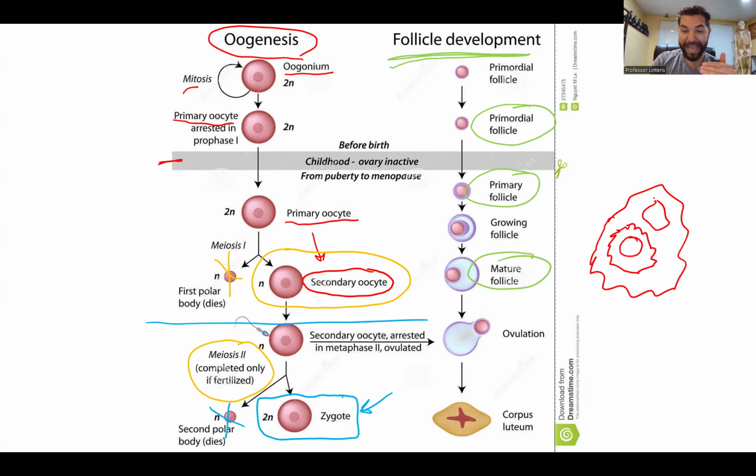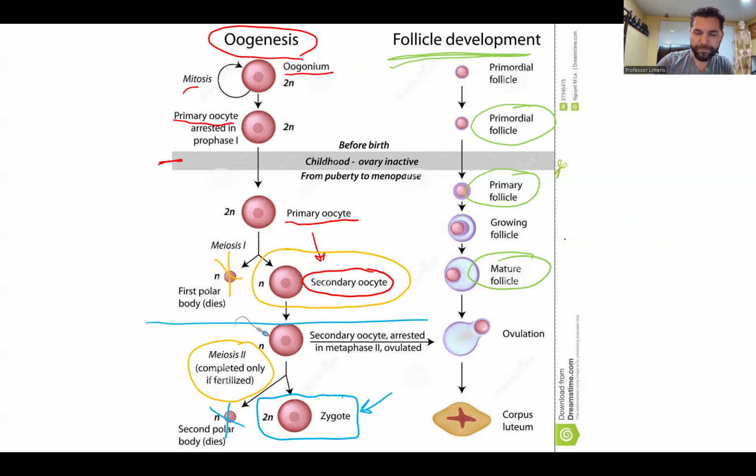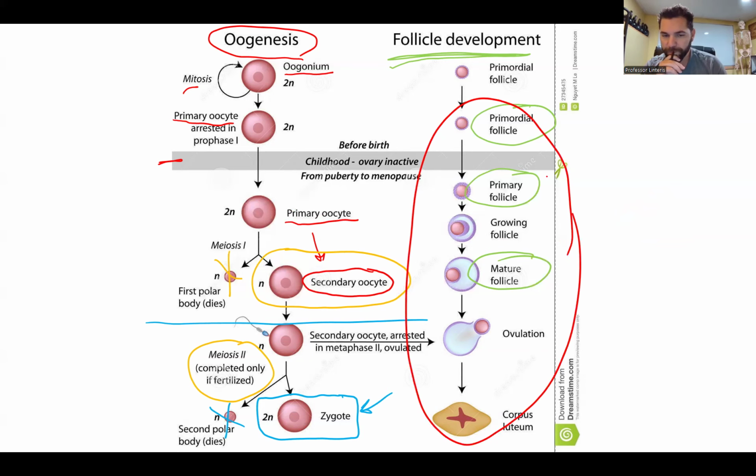So this egg is inside of the follicle, and the follicle is the group of cells in addition to the egg. We're going to call them follicles from now on. The only time we really talk about that secondary oocyte is during ovulation or fertilization.